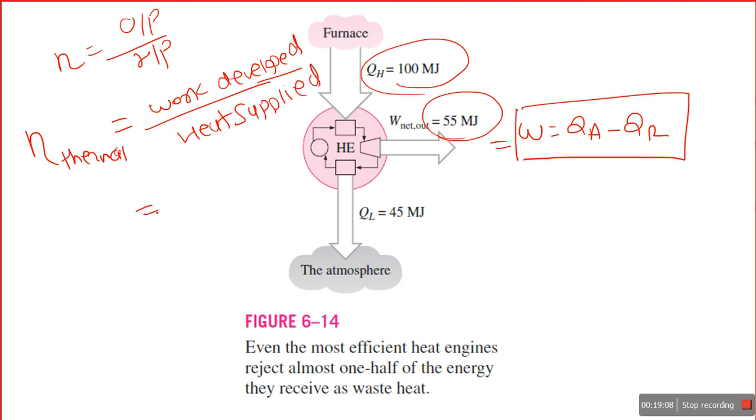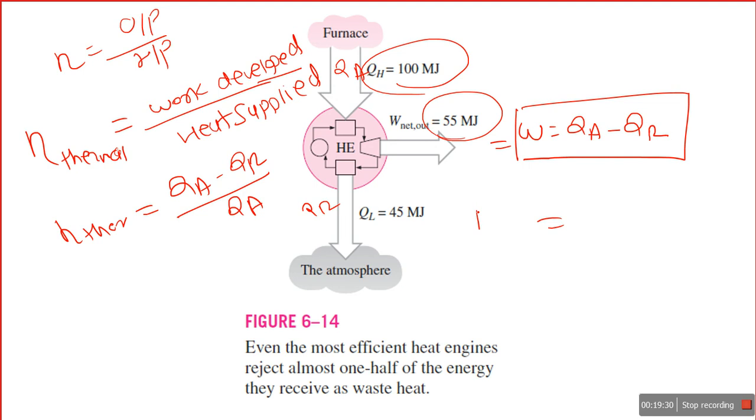The work developed is QA minus QR. And the heat we supplied, the heat we add, is QA. I use the notation QA and QR. So that is the thermal efficiency. I can also write thermal efficiency in the form of temperature.